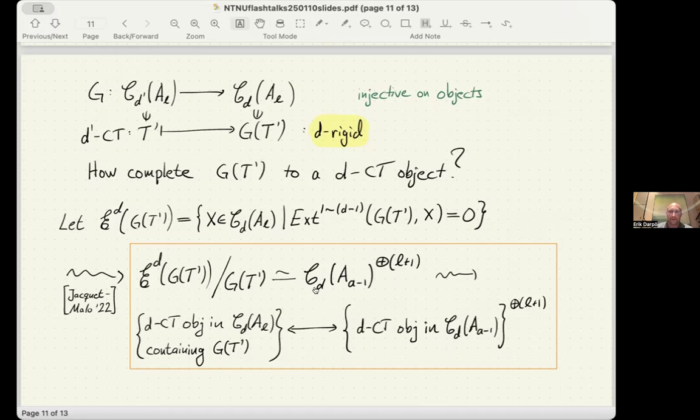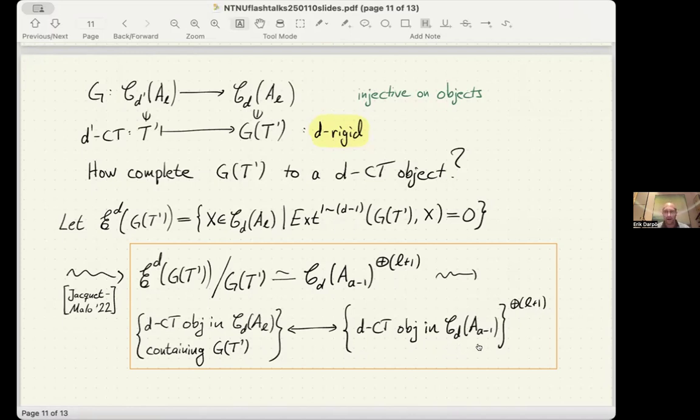So you get the correspondence between d-cluster tilting objects in the d-cluster category of type A_l, which contain this image of T prime, and (l+1)-tuples of cluster tilting objects in these smaller cluster categories.